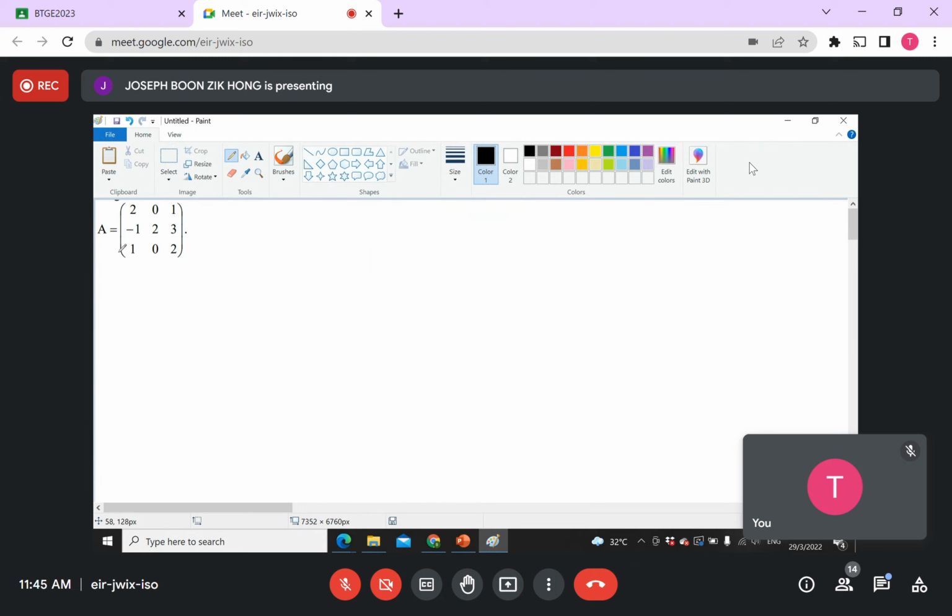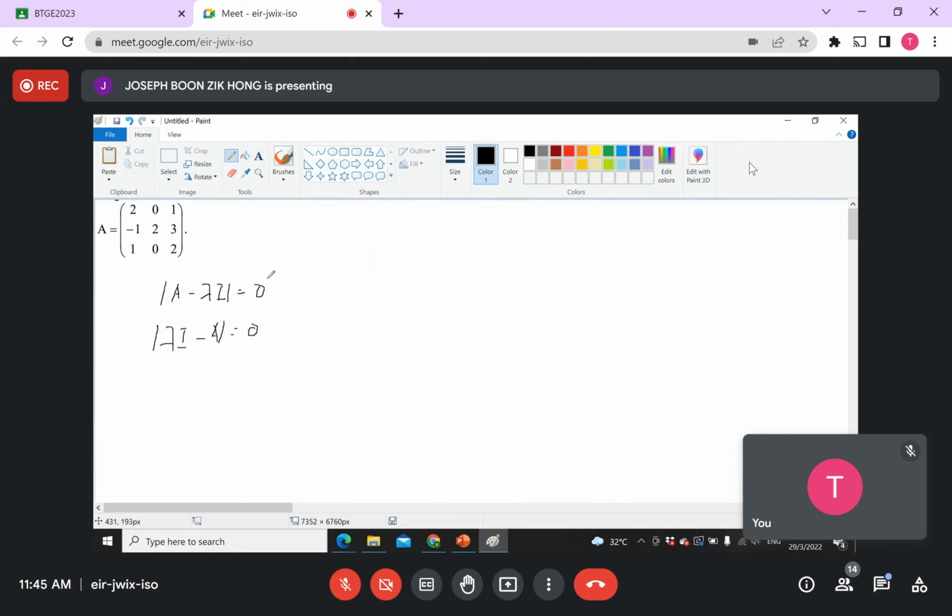Some of us like to use the modulus of A minus lambda I. Depends, okay? Some other mathematicians like to use lambda I minus A equal to 0. Both are the same, okay? We get the lambda, where the lambda is the eigenvalue.